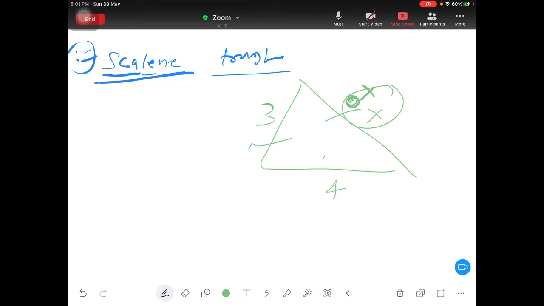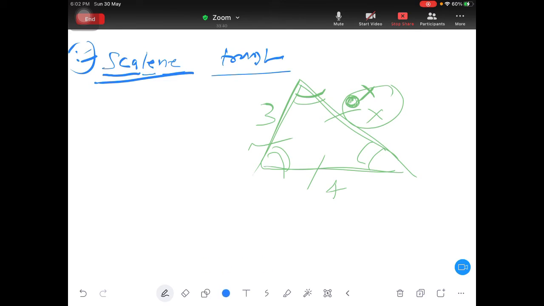All three sides should be different. One more thing: if the sides are not the same, then all the angles will also not be the same. When no two sides are the same, you say scalene triangle.